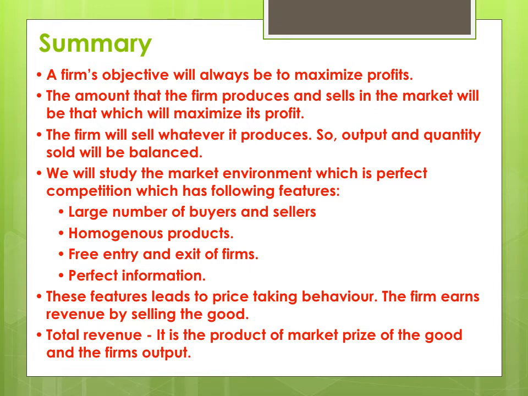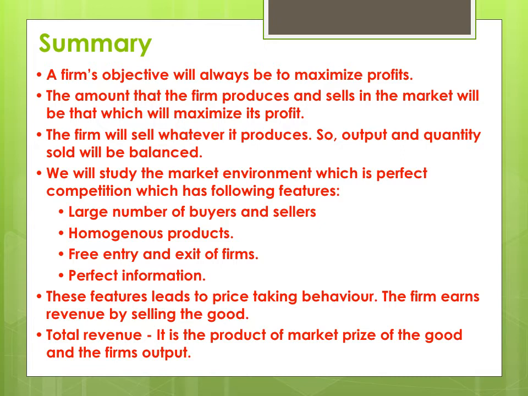We studied a market environment which is perfect competition. The features of the perfectly competitive market are as follows. In a perfectly competitive market, there are a large number of buyers and sellers.